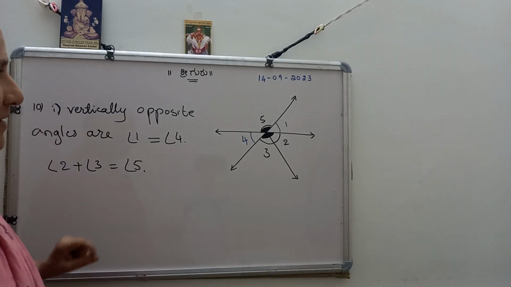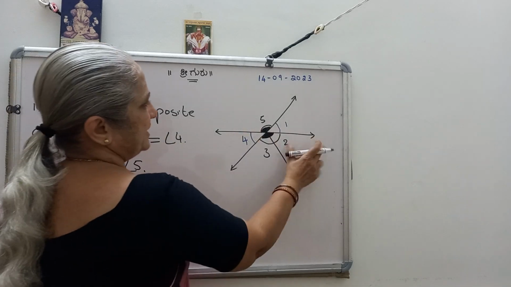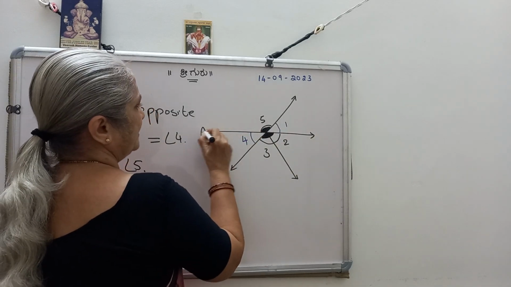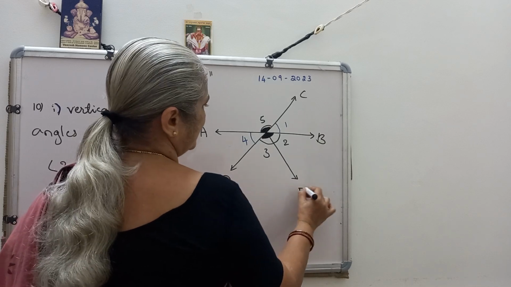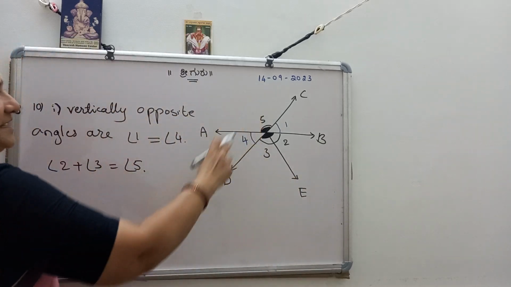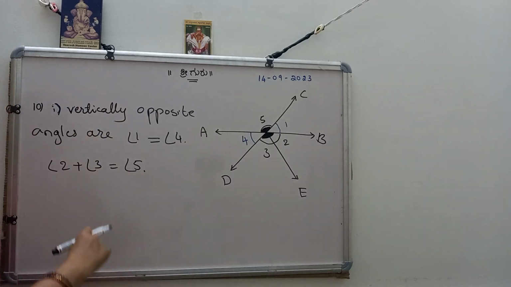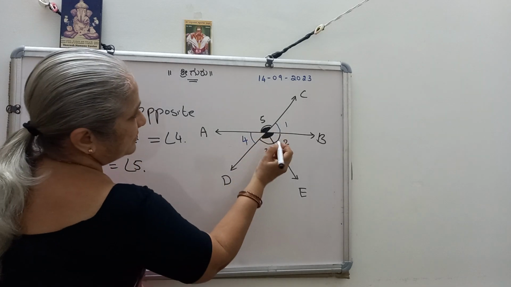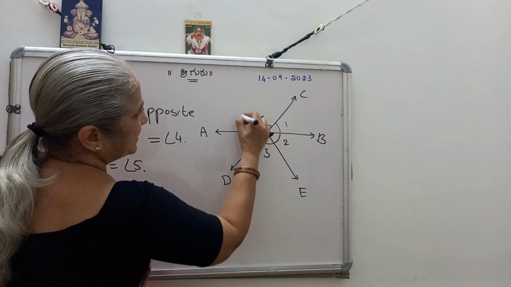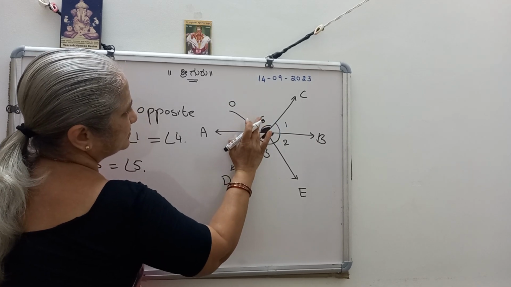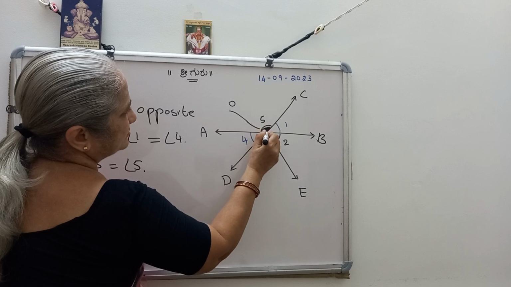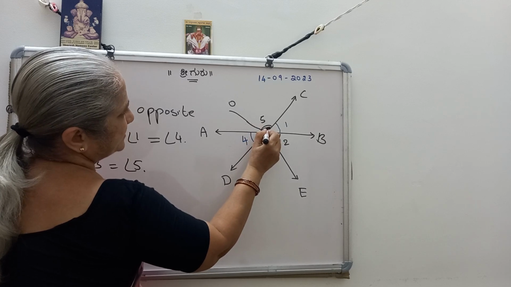And linear pair. This is the straight line. We can name here A, B, C, D and E. AB and CD are two intersecting lines, and O is the point of intersection.